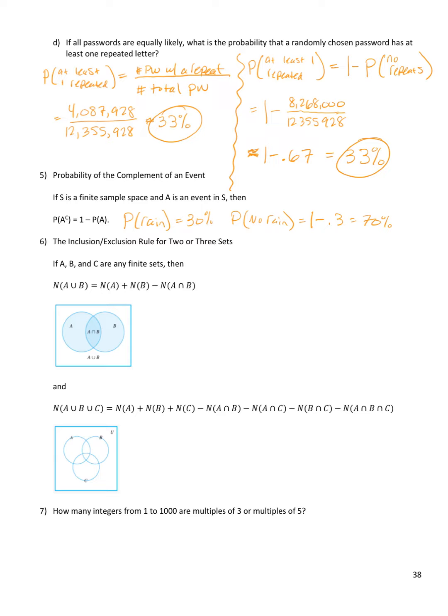And then similarly, we have a rule for 3 sets. If you want to add the number of elements in A union B union C, you want to figure out how many is in this whole thing, add up the elements in A, in B, and in C, but then carefully subtract the intersections, right?